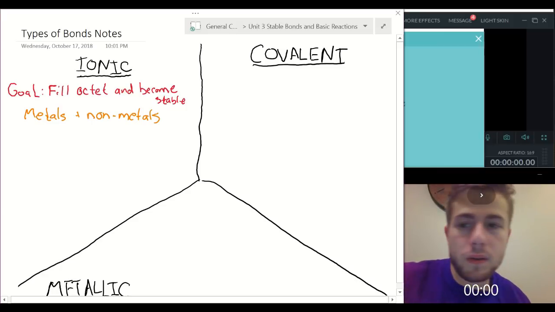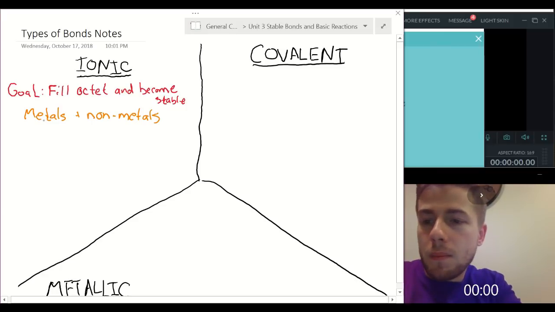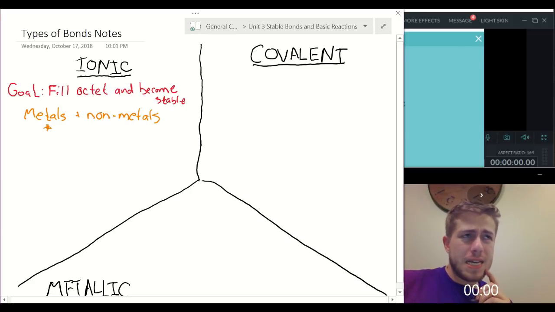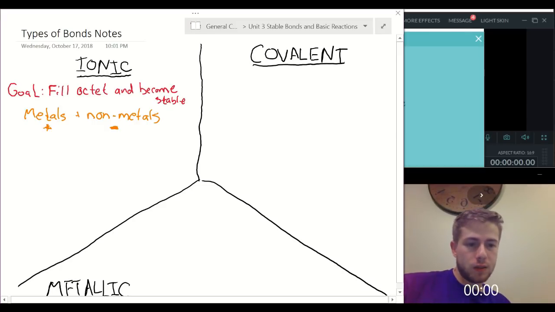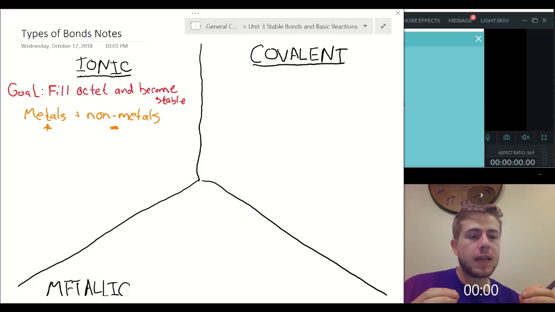Metals and non-metals. Metals tend to become positive ions because they're usually just a couple over an octet, so they'd rather give them away. And non-metals generally form negative ions or anions because they're usually just really close to filling that octet, and so they gain them from somewhere.